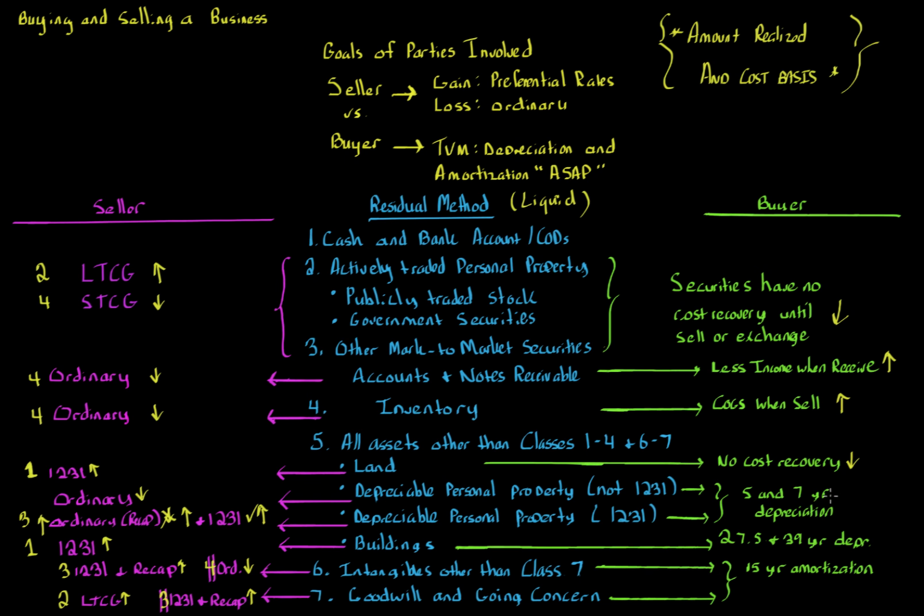The depreciable personal property, whether it's 1230, well, for the buyer, it depends on how long it's held, whether it's 1231 or not. But any depreciable personal property is 5 or 7 year depreciation. This is fast depreciation. It's also MACRS, which is usually double declining balance. We want to value this as high as possible because it's going to be a lot quicker to depreciate than others.